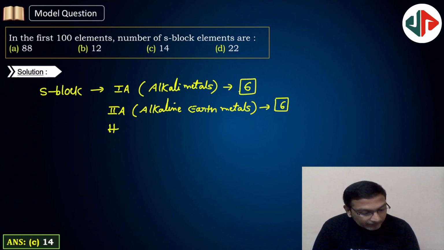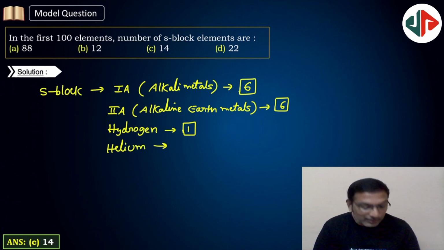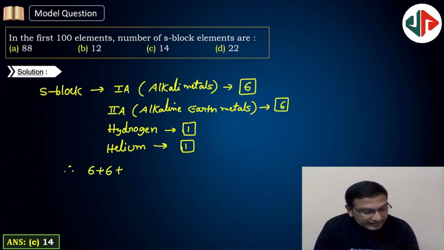And hydrogen 1, and helium also belongs to s-block, helium 1. So total 6 plus 6 plus 1 plus 1, total 14 elements.